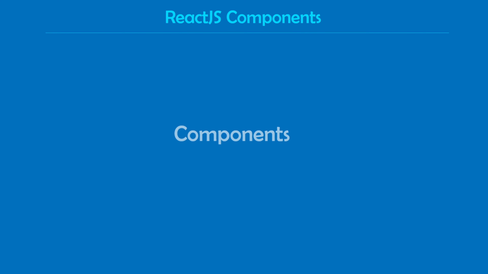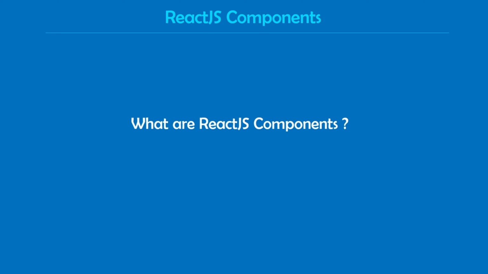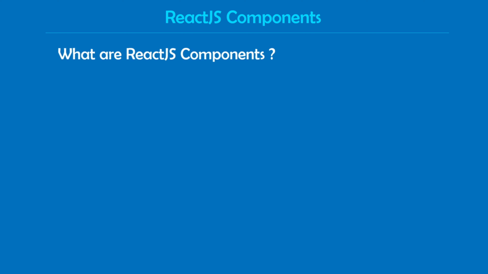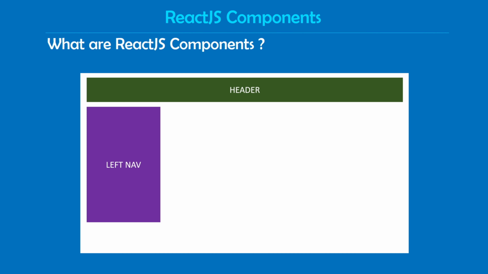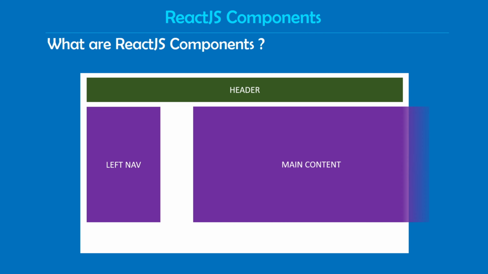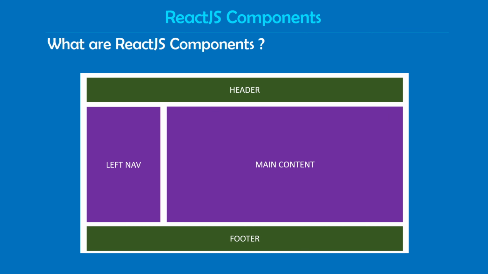In this approach, the entire application is divided into small logical groups of code, known as components. In this picture, we can say that we have 5 components: header component, side nav component, main content component, footer component, and finally one root component which holds all other 4 components.